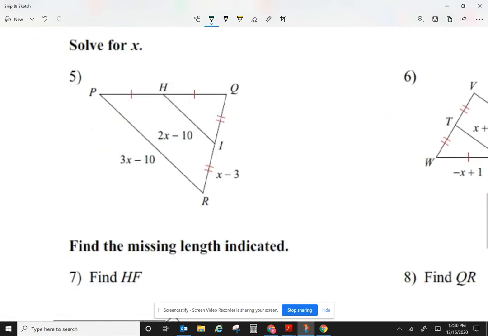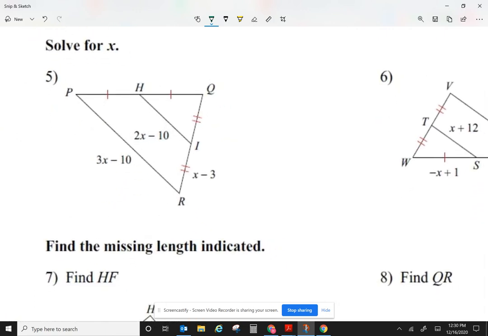Now, to see if you understand what we're doing here, I'm going to start with something as solve for x. I just want you to pay attention to the midsegment and the segment that is parallel to it. So I'm paying attention to HI and the segment RP. Everything else I'm going to ignore. Now, the problem here is that both have an x.